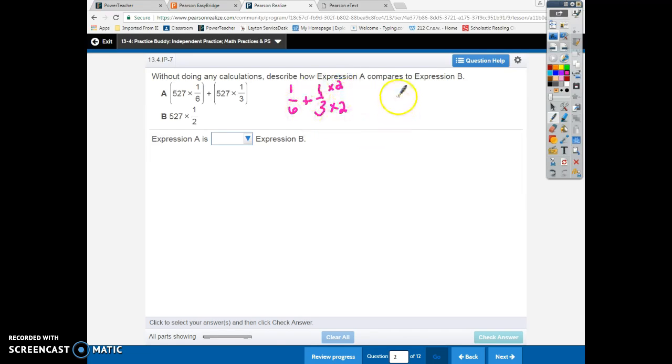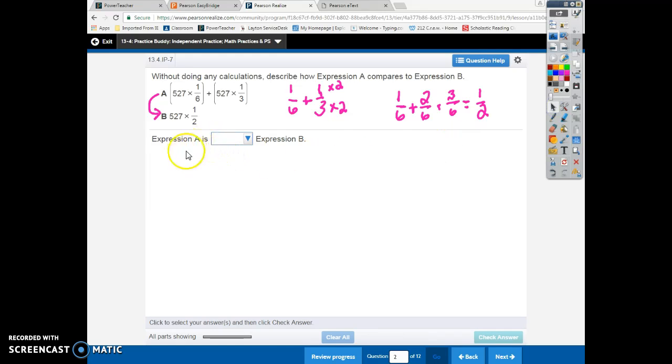So this really is the same thing as saying 1/6 plus 2/6, and when I add those two together, I get 3/6, which is equal to 1/2. And that is the exact same thing as what I did there.